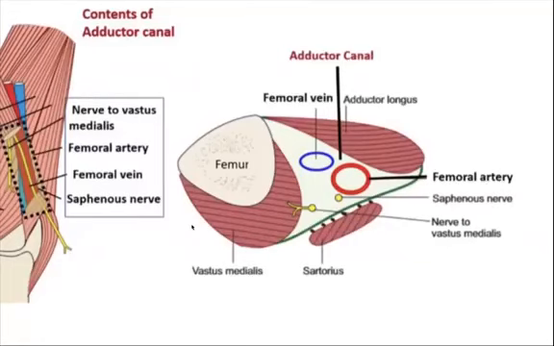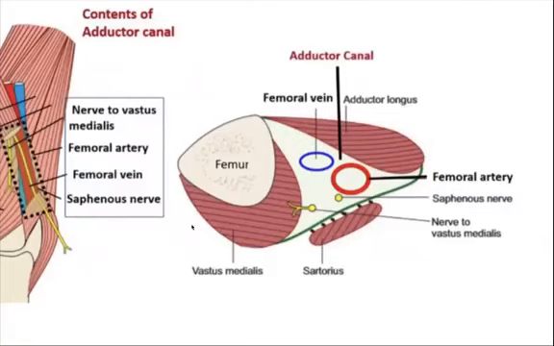On the anterolateral side, you have the vastus medialis. Anteromedially, you have the sartorius, and posteriorly, you have the adductor longus and a few parts of the adductor magnus.